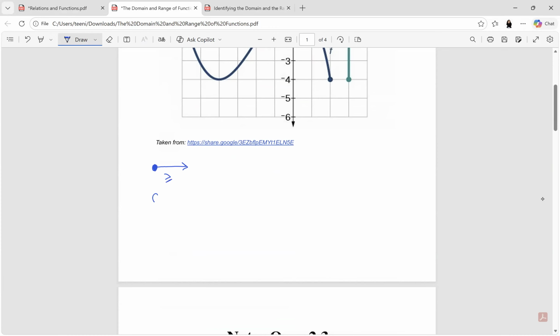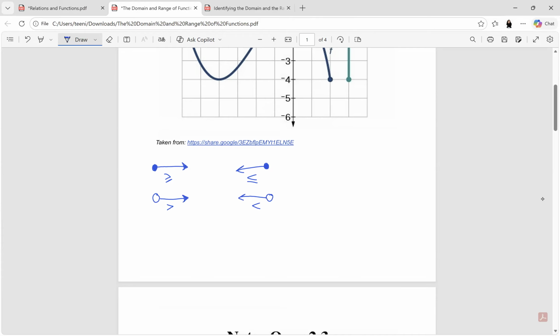If you have an unshaded circle and the arrow is pointing to the right, this means greater than. When you have a shaded circle and the arrow is pointing to the left, this means less than or equal to. And when you have an unshaded circle with the arrow pointing to the left, this means just less than. So unshaded means exclusive inequalities, which means that value is not included in the solution set.